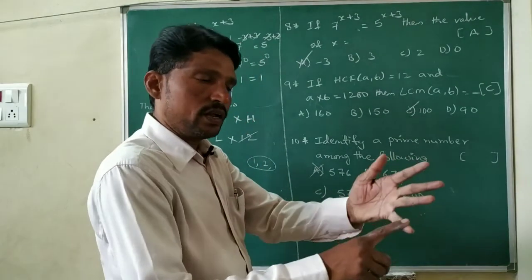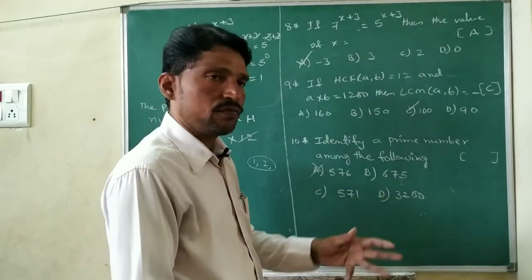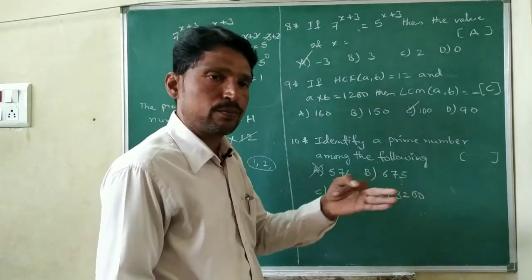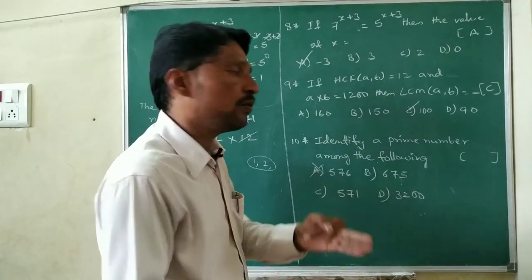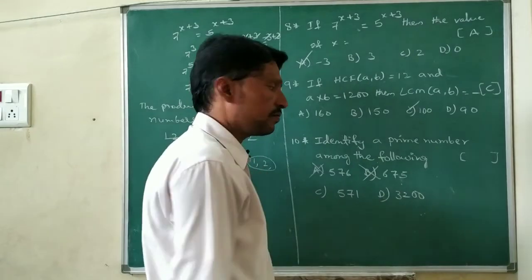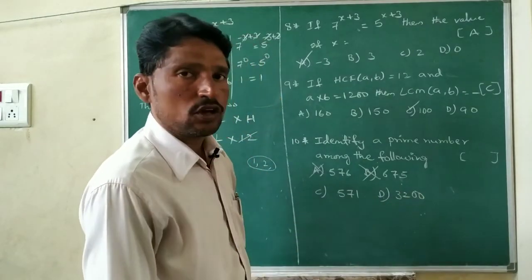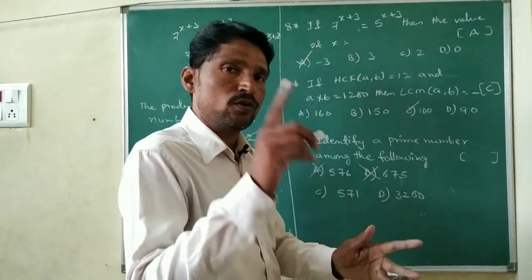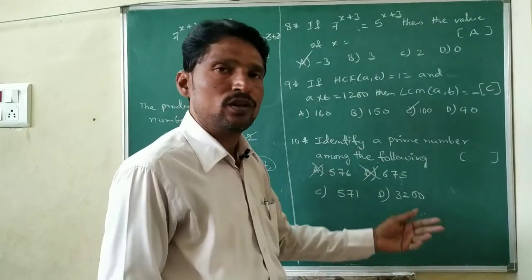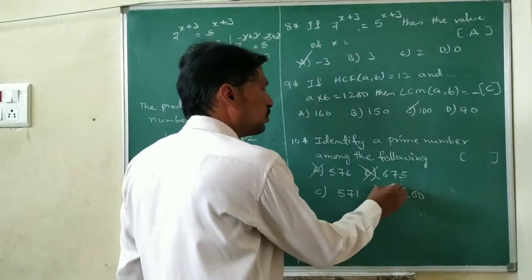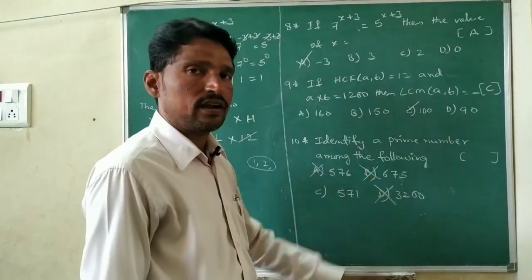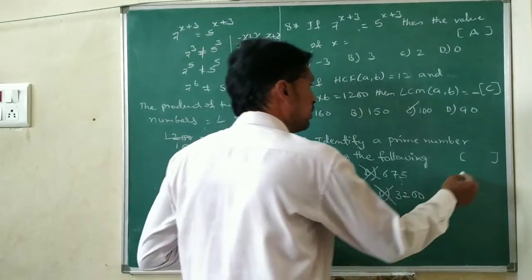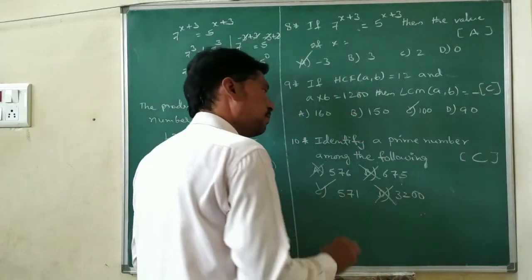It is not a prime number. 675: the last digit is 5, so the 5 table is possible, which gives more than 2 factors. It is also not prime. 3200: the 2 table, 10 table and 100 table are possible, so we get more than 2 factors. It is not a prime number. The one that remains is the prime number, so option C is the prime number.